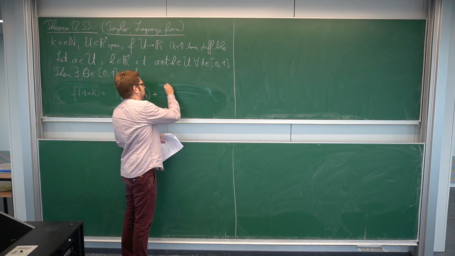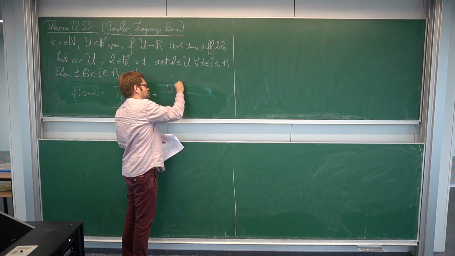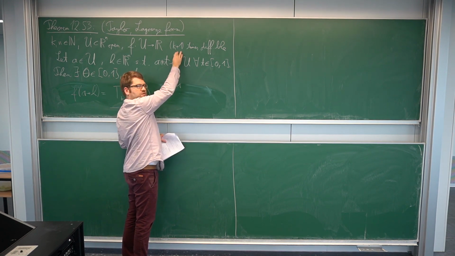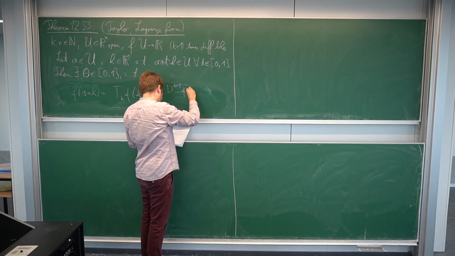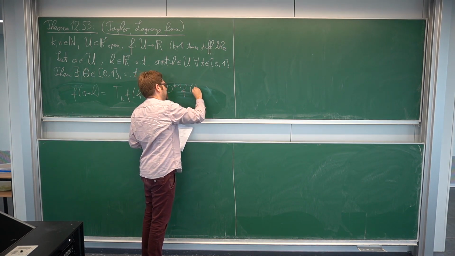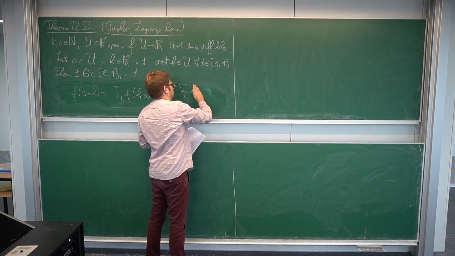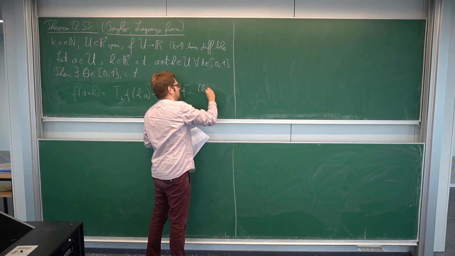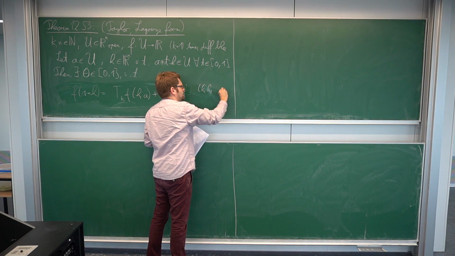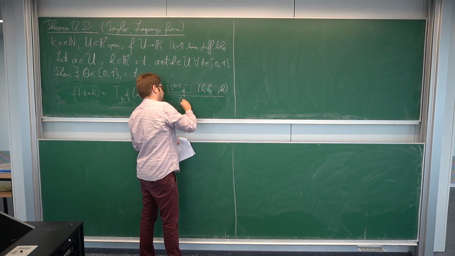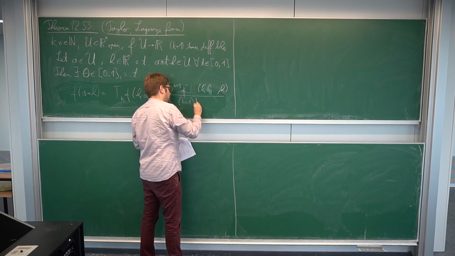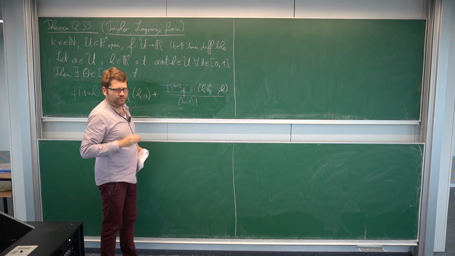Here it's almost the same. Here we get d to the k plus 1, the derivative one higher, which is why we need this assumption, of f, taken in h with the inputs h, and in the same way this corresponds to the Taylor polynomial term divided by (k plus 1) factorial. But here I've skipped the point, so the point is now given.